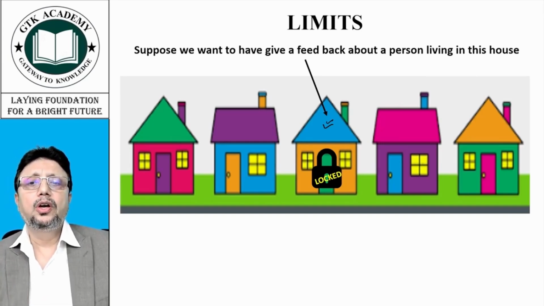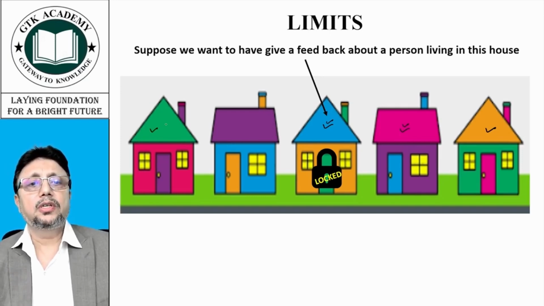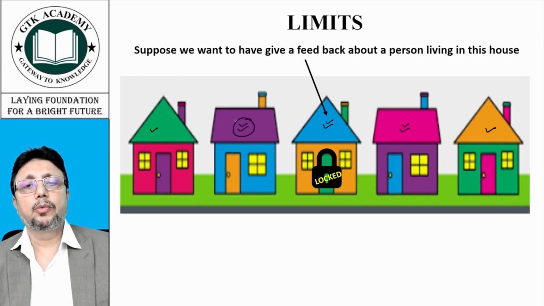What will you do? You will just go and talk in the neighborhood. Say, take from the right, go to this house, try to find out about this person, then come a bit closer. This house is the next door neighbor. Or you can start from the left, start from this house, and move toward this house. This is also his next door neighbor.